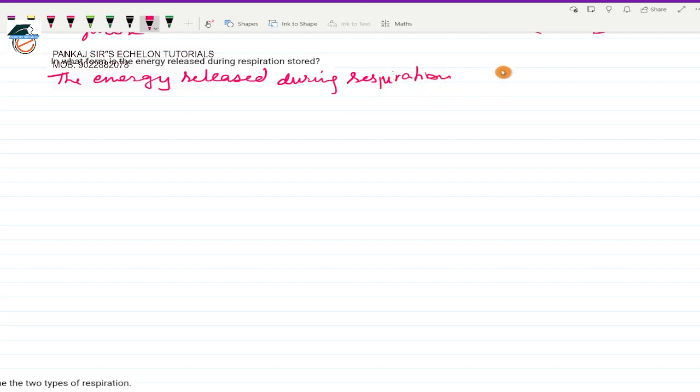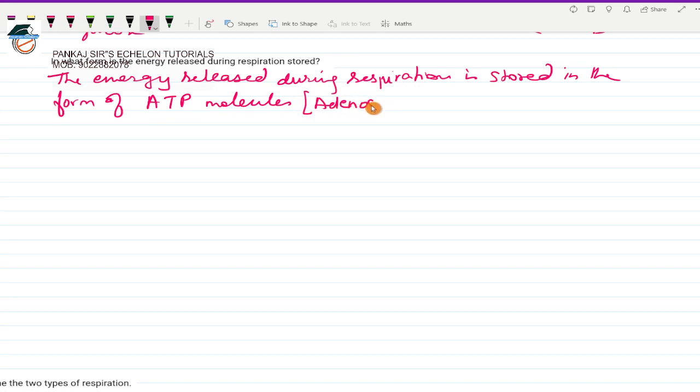Let me write down the full form of ATP. ATP stands for adenosine triphosphate. So that's the answer for this.